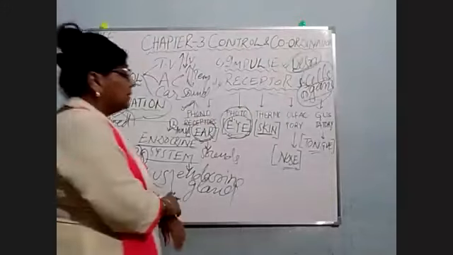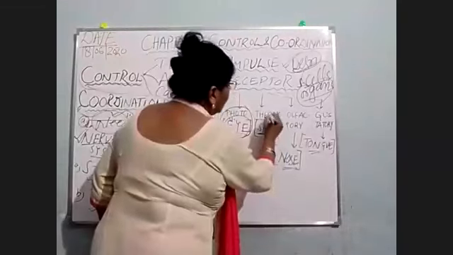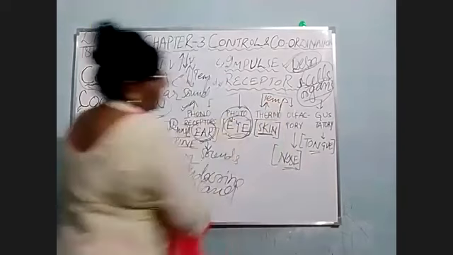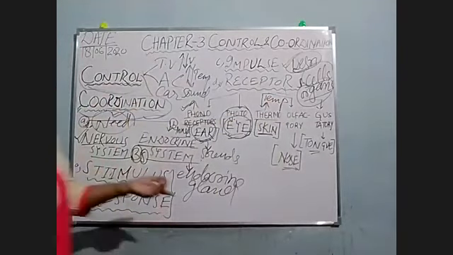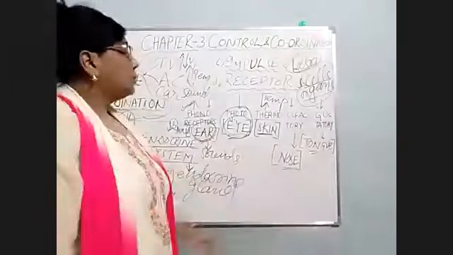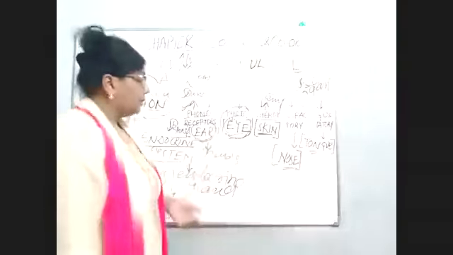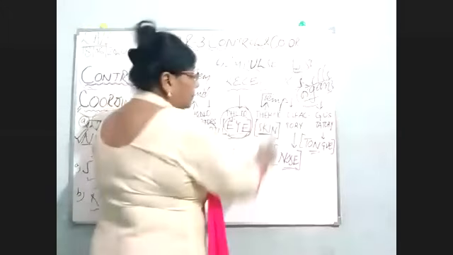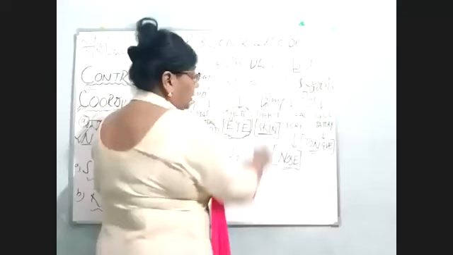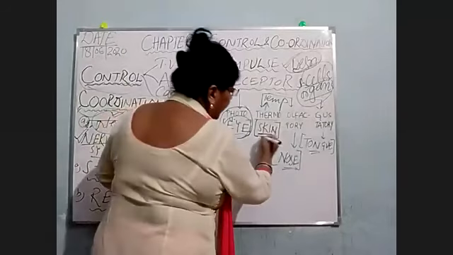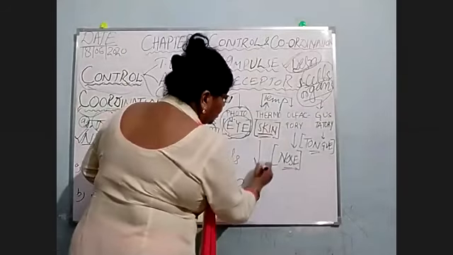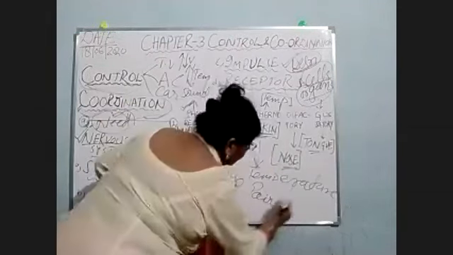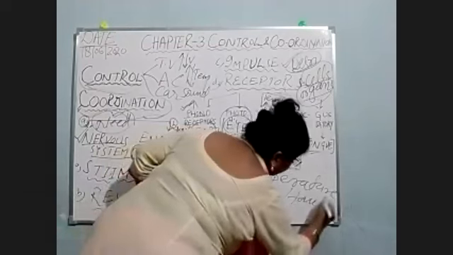Next one is thermo. What is thermo? Thermo means related to temperature. A thermometer is a device through which you measure the temperature of the body. Similarly, thermoreceptors are present in the skin, and they give you the senses of temperature, pain and touch.